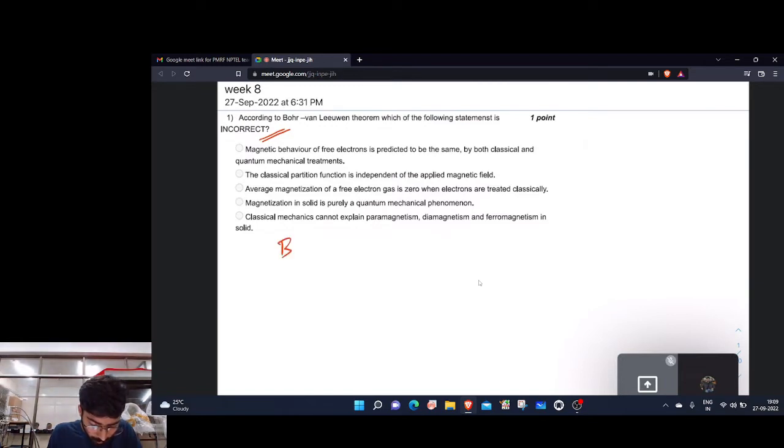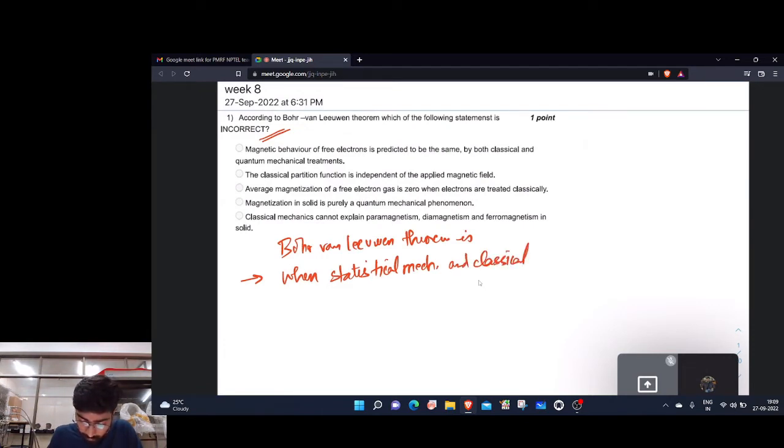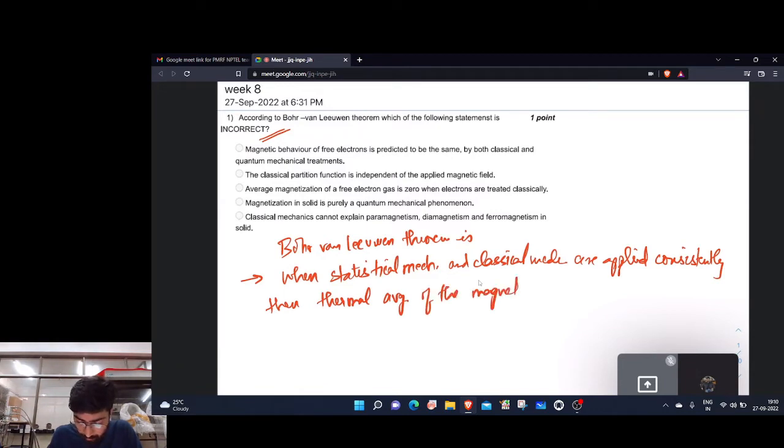The Bohr-van Leeuwen theorem states that when statistical mechanics and classical mechanics are applied consistently, then the thermal average of the magnetization is always zero.